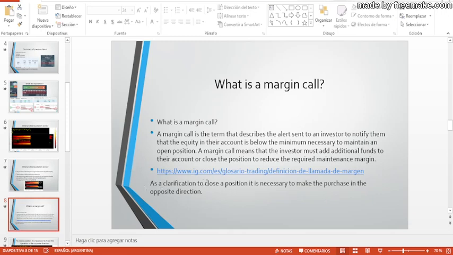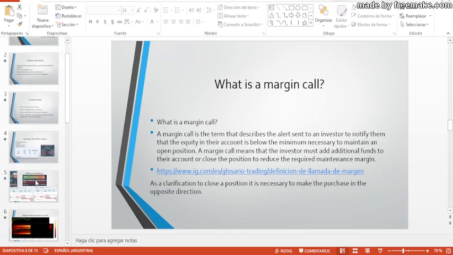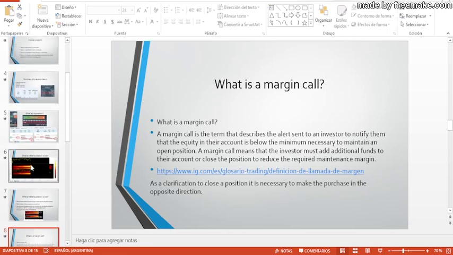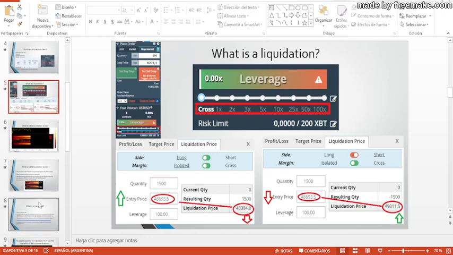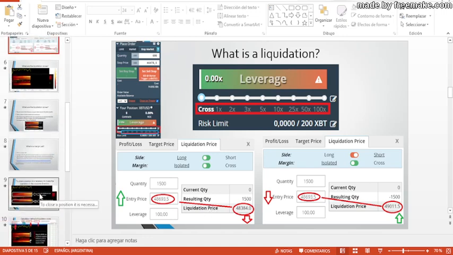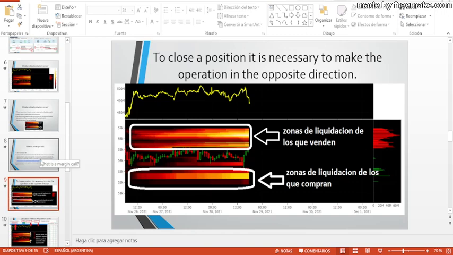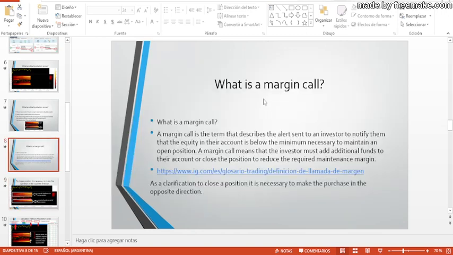As clarification, to close an open position it is necessary to make the purchase in the opposite direction. That is the main reason the liquidation zone is in the opposite direction. If the price goes to this liquidation price, we will get liquidated or a margin call.